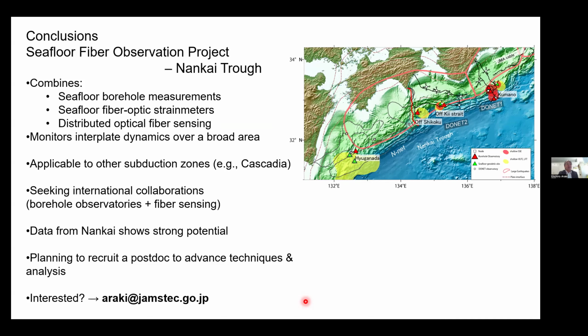These technologies are not limited to the Nankai Trough, I think. They can also be applied to other subduction zones, such as Cascadia. We are especially interested in building international collaboration that combines borehole observatories and fiber optic sensing technologies. The data we've collected in the Nankai Trough so far shows great potential, I think.